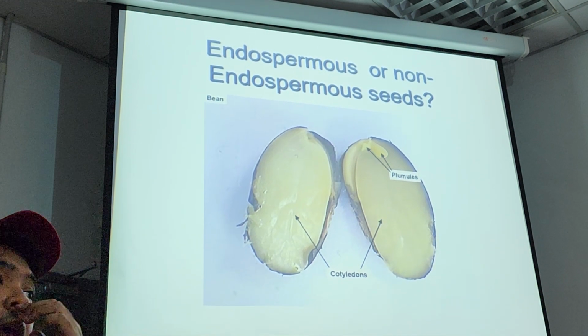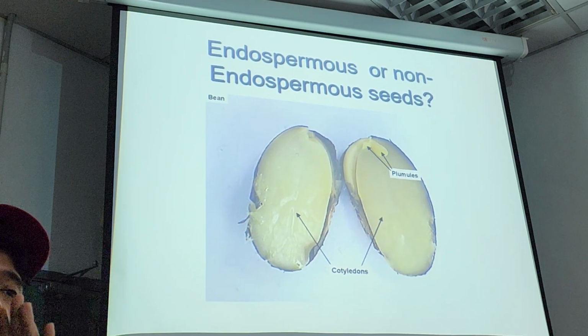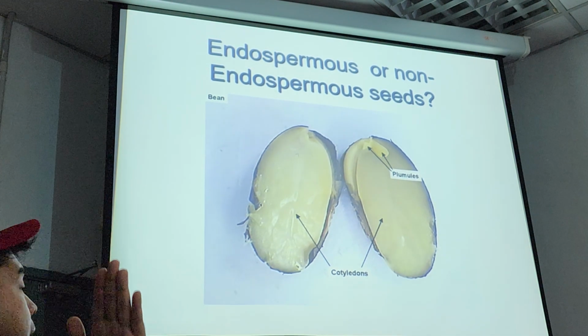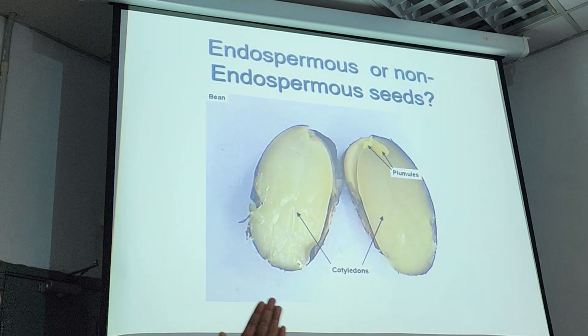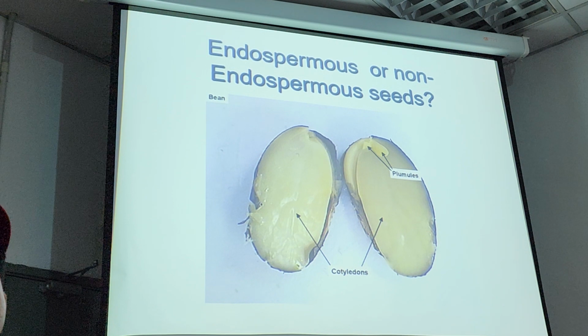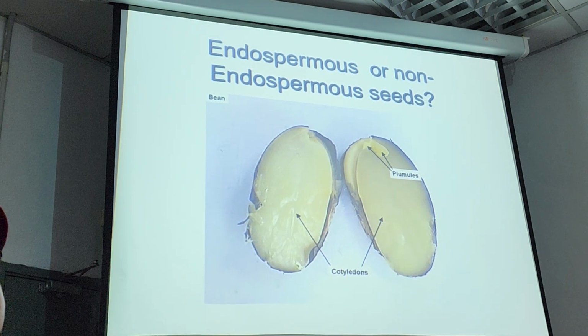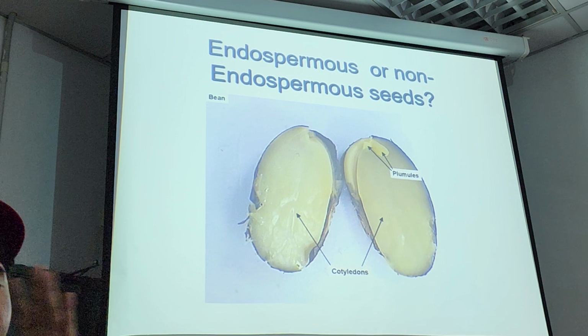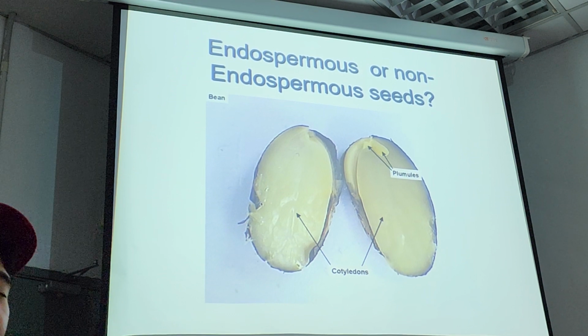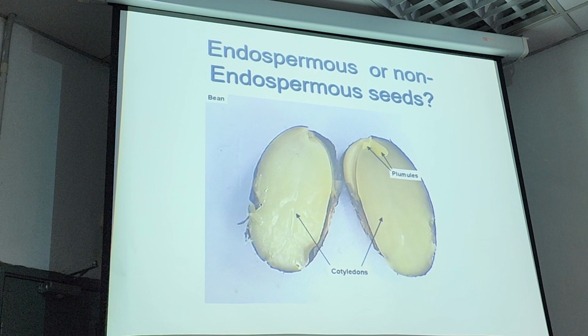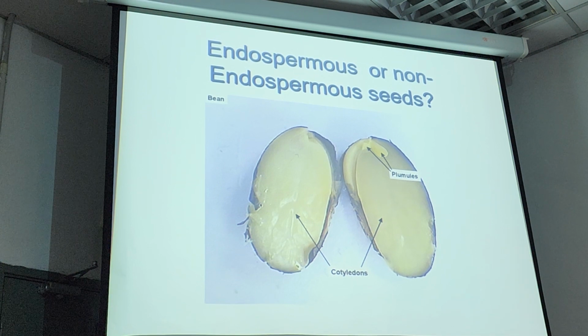Is there any real advantage of cotyledons versus endosperm? Is there any advantage of having either one, or maybe having both? Endosperm, once used up, will disappear with the progression of growth.